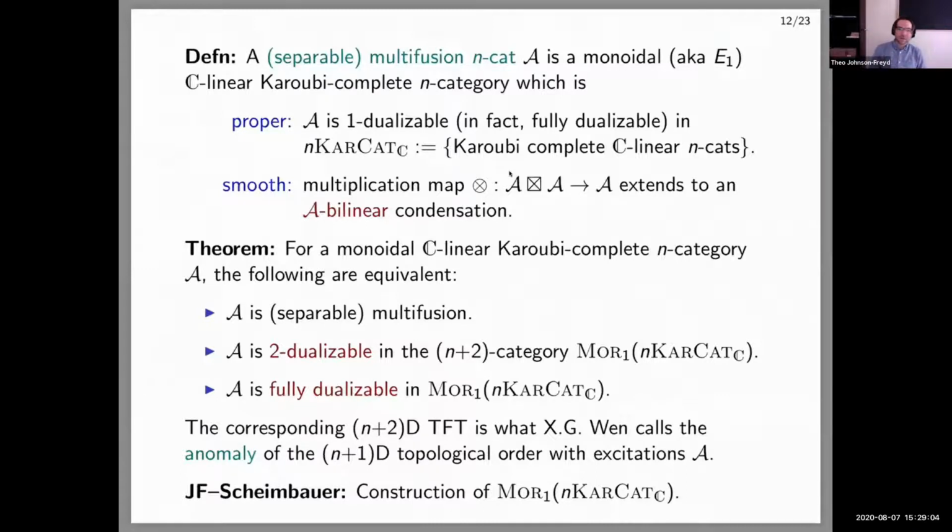Claudia conjectured in personal correspondence that the fully dualizable objects of any reasonable n category is always the same and depends only on n, but the two dualizable objects are different. What did I conjecture?